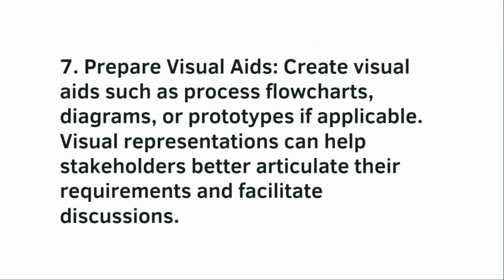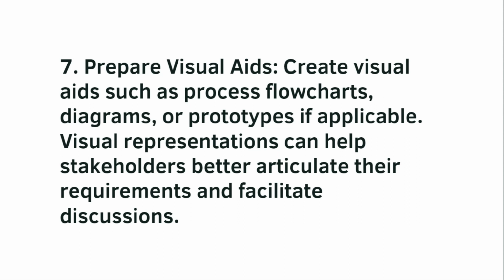Prepare visual aids. You can create flow charts, diagrams, prototypes. You can read previous documents about the process, or previous documents of the projects. You can take some information from there and show it to the user. If you do not understand, you can present that flow chart to the stakeholders so that you can understand each step of the project and the purpose of any process being followed.